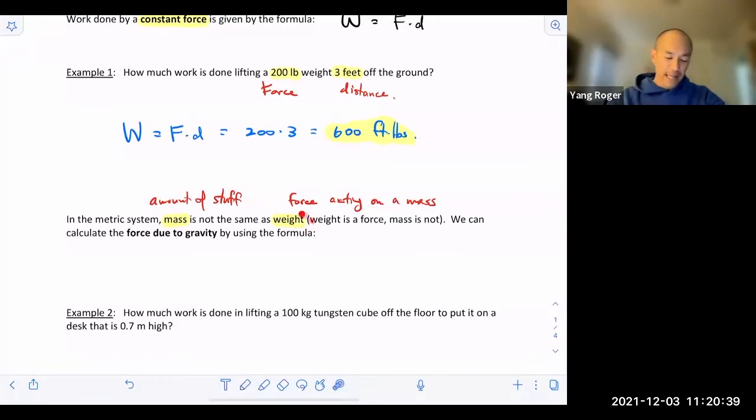So a lot of people complain, like they think, oh, I weigh too much, I weigh too much. They're really trying to say, I have too much mass, there's too much of me. Because if people were really just concerned about losing weight, there's a very easy way you could lose weight. You could just go up to Denver, Colorado, Mile High City. Denver is at a higher altitude than Pasadena. So what does that mean? Well, gravity is something that acts towards the center of the earth.